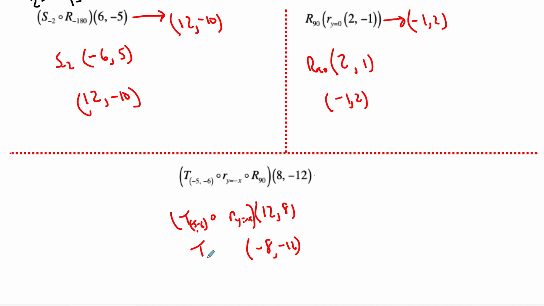And then we do a translation of -5, -6, which means we subtract 5 from the x, and we subtract 6 from the y, which means that this would be -13, -18, all is said and done. Remember, 1, then 2, then 3. And you're doing it to the resultant because this means that if this were A, then after this it'd be A prime, and after this it'd be A double prime, and this would be A triple prime, okay?